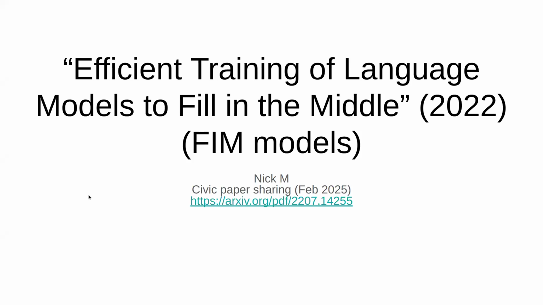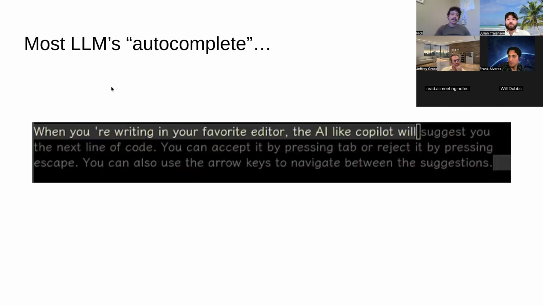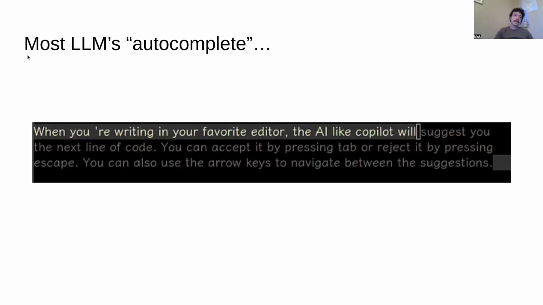So the topic is efficient training of language models to fill in the middle, or FIM. That's the general term for this task. As an introduction, everybody knows that most LLMs autocomplete after whatever you're typing. If you're writing code in your favorite editor, the AI like Copilot will suggest the next line of code.